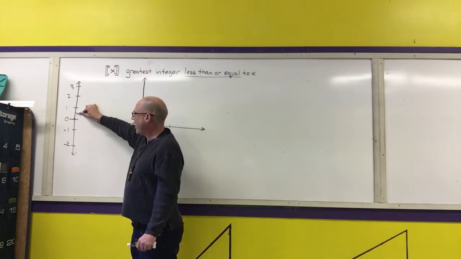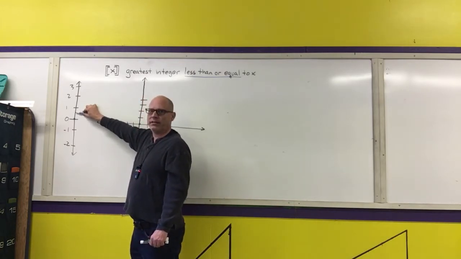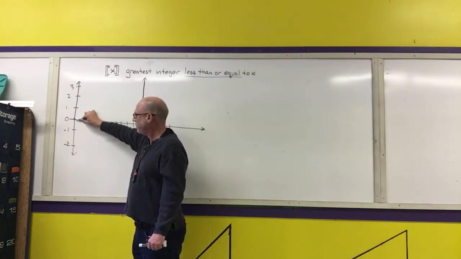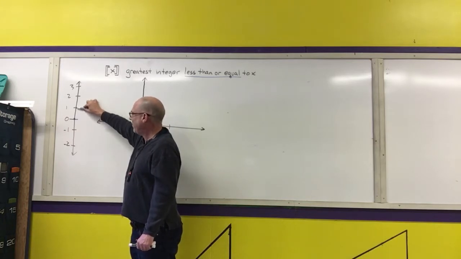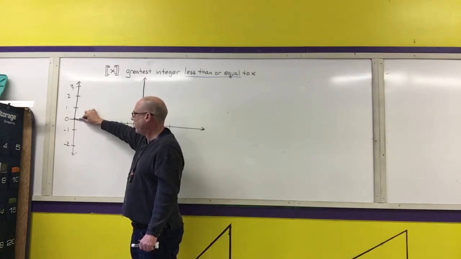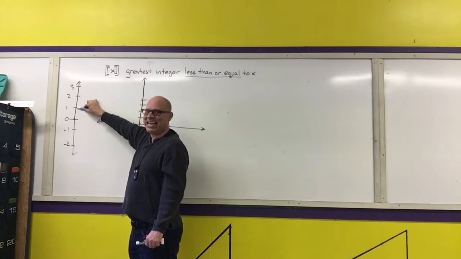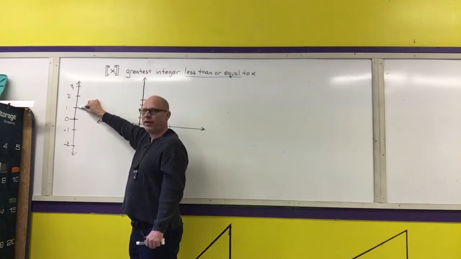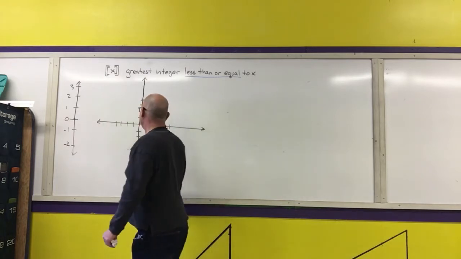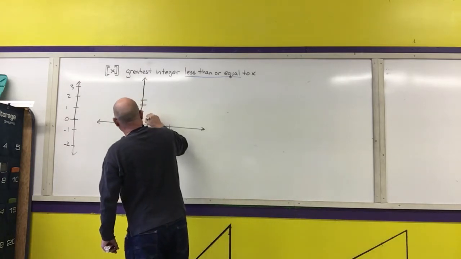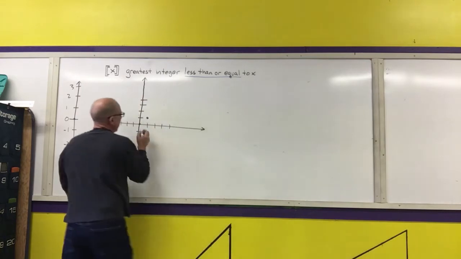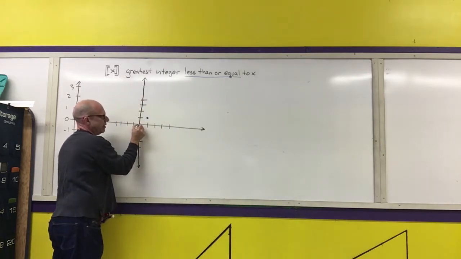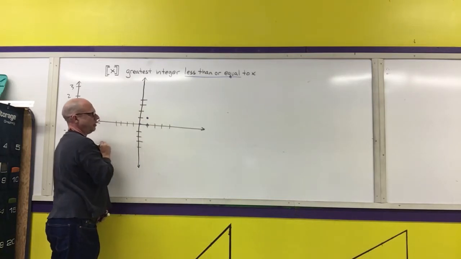If I put a 0.5 in for x, what's the floor for 0.5? Well, it's 0. If I put 0.9 in for x, the floor is 0. If I put 0.99999 in for x, the floor is 0. And if I put a 1 in for x, the floor is 1. So I know if I put a 1 in for x, I get a 1. And everywhere in between here, I get 0, except at 1, I jump up to 1.